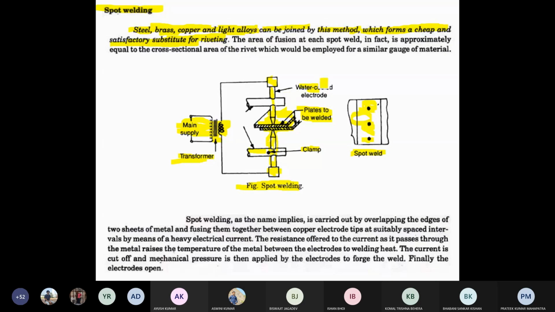riveting. Riveting means you drill two pieces of metal and in between you place a nut and bolt. Sometimes there is loosening. If you use riveting in a railway track, there is a huge frictional force that may sometimes cause loosening of the nut bolts. So that is a disadvantage of riveting. Riveting is still a good option.